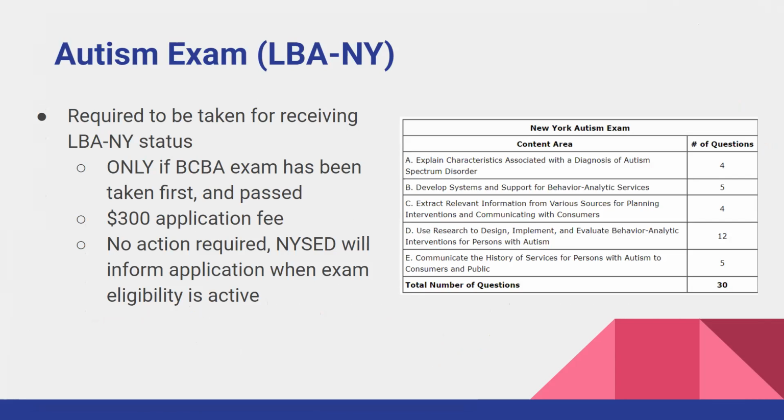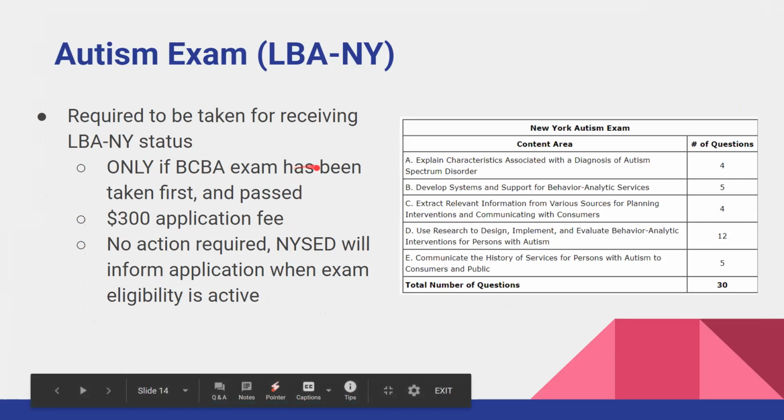So, the autism exam. The autism exam is required to be taken for receiving LBA New York status. But the autism exam is only eligible for you to take after you have passed the BCBA exam.